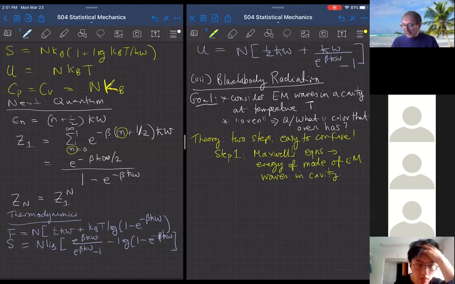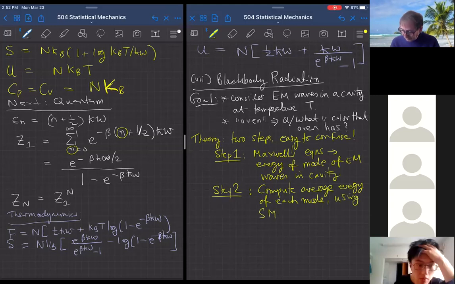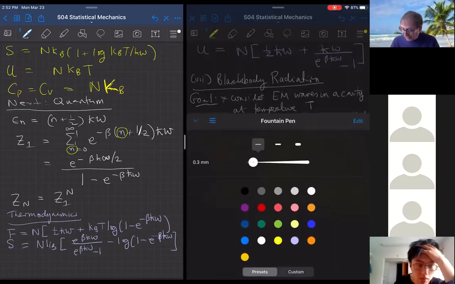So that's step one, and then step two is slightly different. In step two, what we're going to compute is the average energy of those modes. And we'll do that, of course, using statistical mechanics.